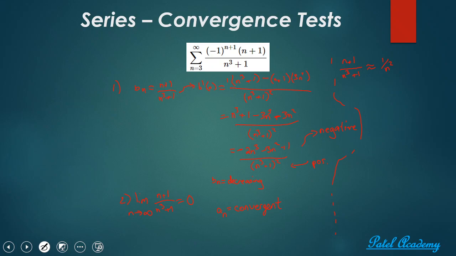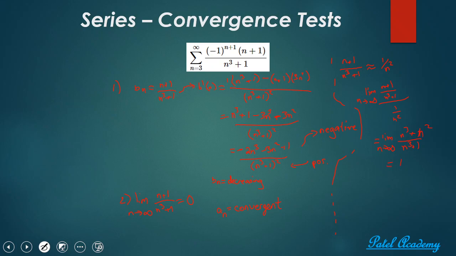I'm going to take the limit as n goes to infinity of (n+1)/(n^3+1) all over 1/n^2, which is equal to the limit as n approaches infinity of (n^3+n^2)/(n^3+1). Sorry, this is plus n^2, which is equal to 1.